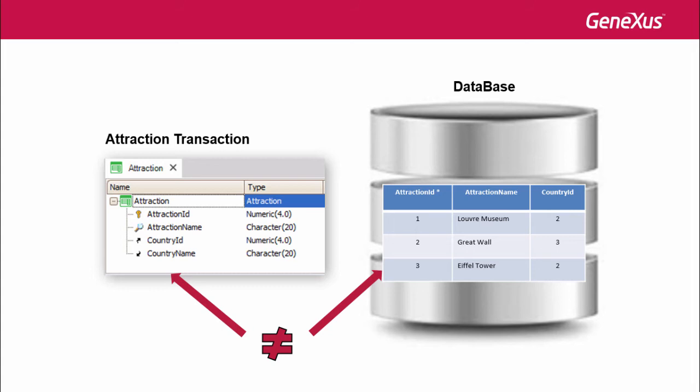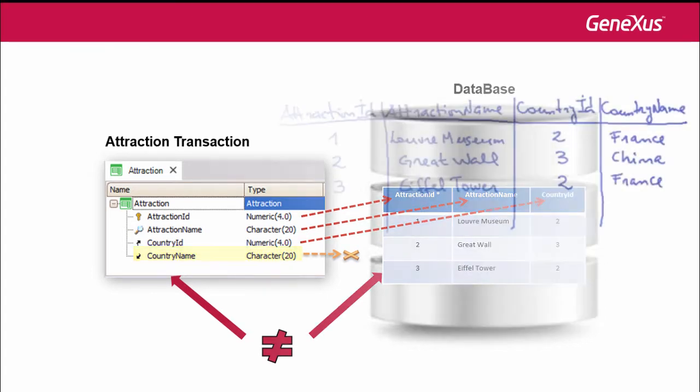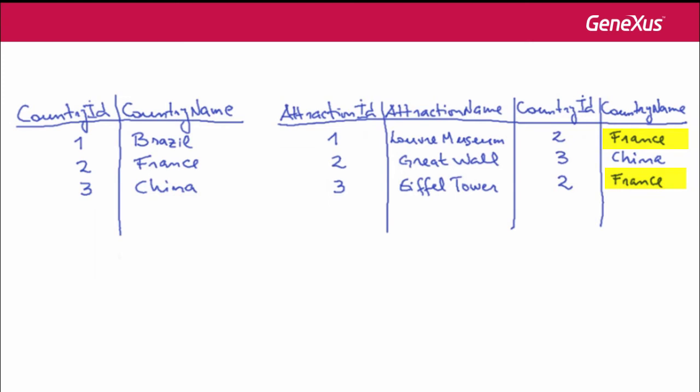We must be aware that not all the attributes included in a transaction structure will later be stored in the physical table created based on this transaction. Storing the country name in several physical tables would mean storing duplicate data. Instead, the country name can be retrieved from a single location where it's stored, which is to say, from the country table.